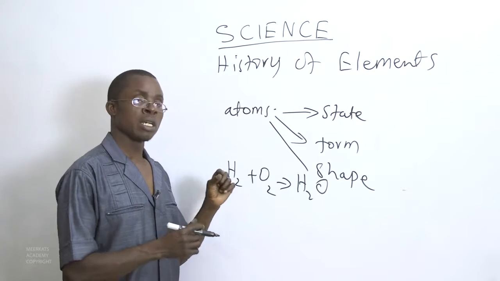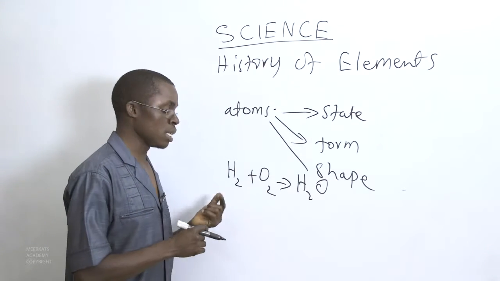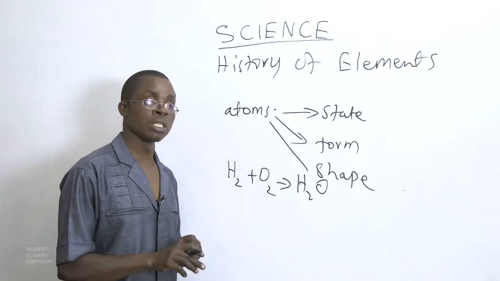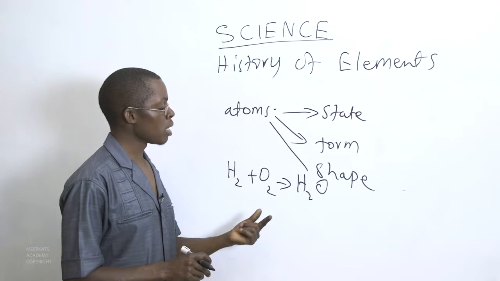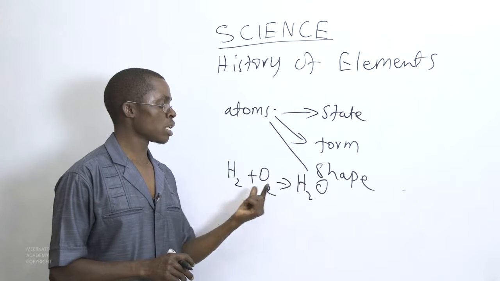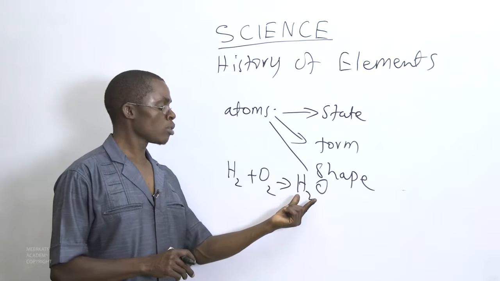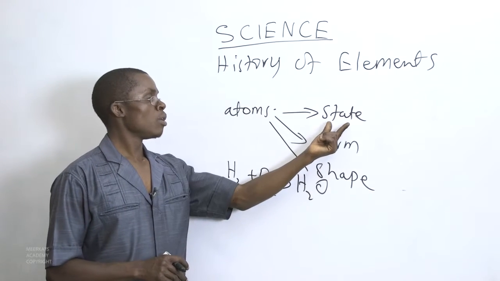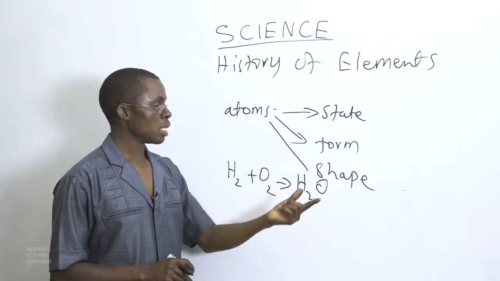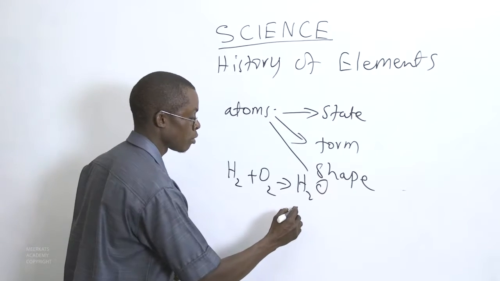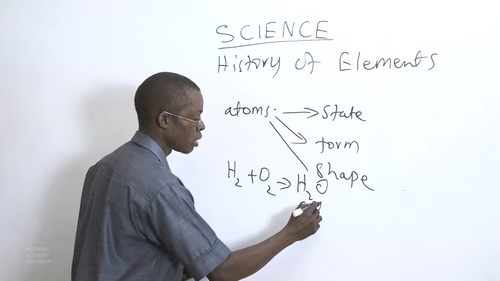But you have not created a new hydrogen nor a new oxygen. What you have only done is transform, and by transforming, you have changed the shape. And by this transformation, you can easily change the state, and you can even change the form. And this forms a compound.